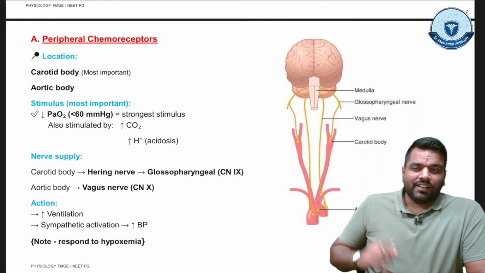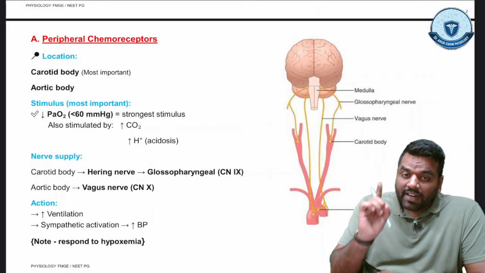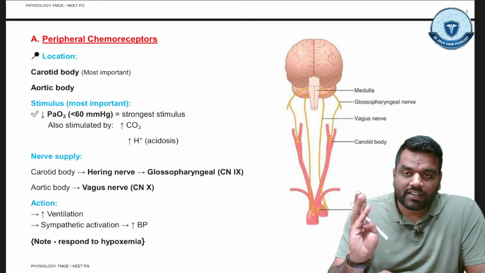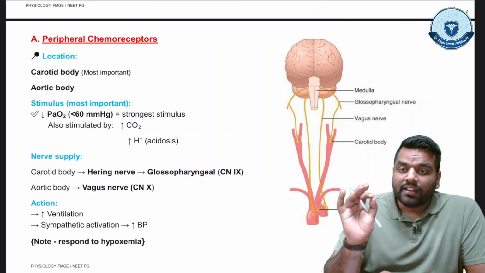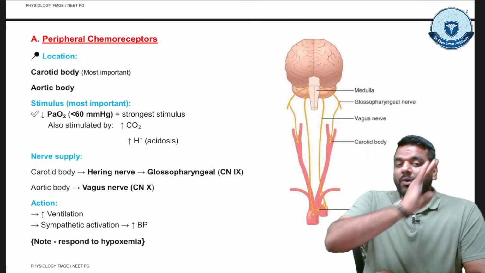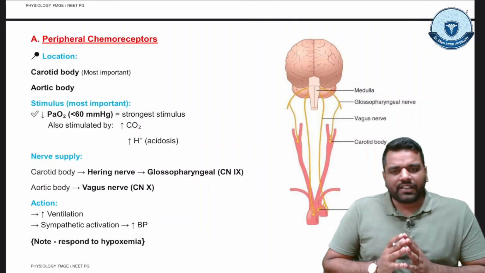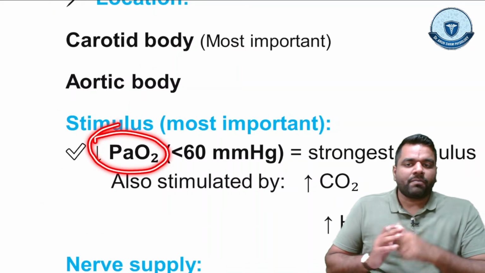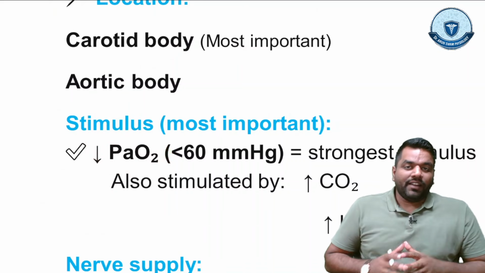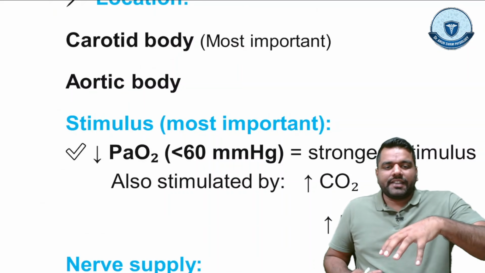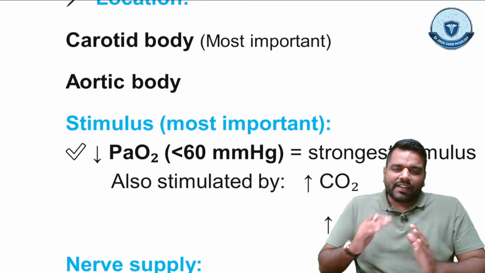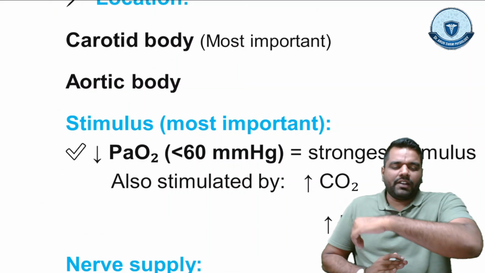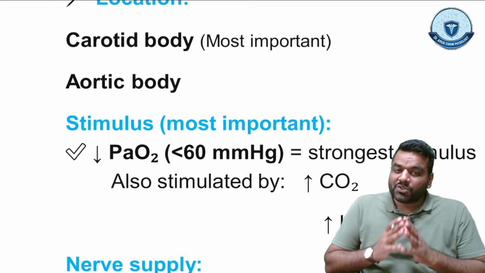Very important, the chemoreceptor can detect oxygen, CO2 and H ion, that is the pH. Out of these, the most important stimulus for the peripheral chemoreceptor is none other than your oxygen level. Whenever the oxygen level in your body drops, this sensor will be activated and send a message to the medulla, and the medulla will immediately increase respiration. So this is the strongest stimulus.